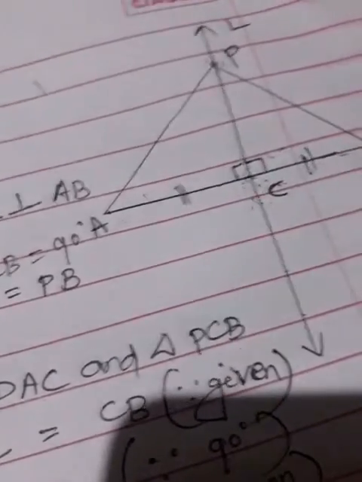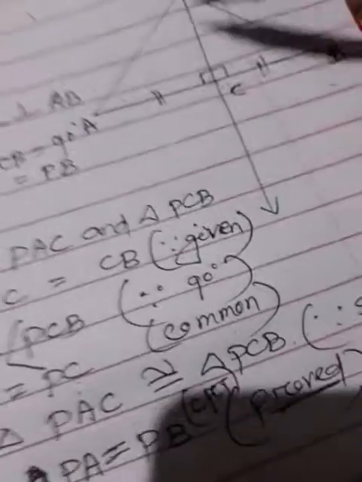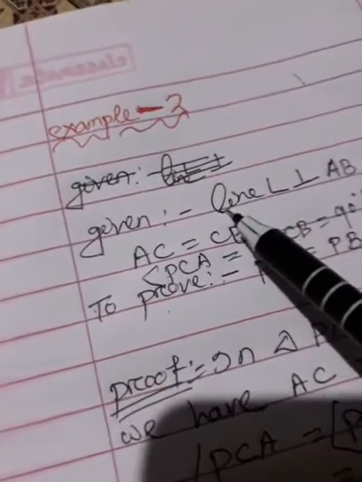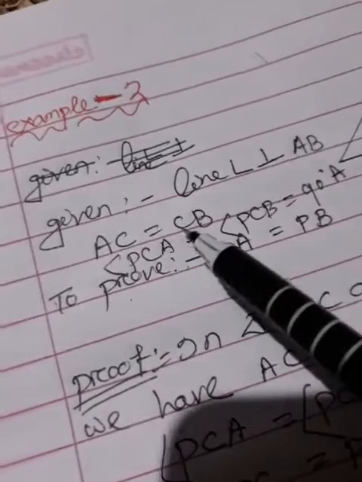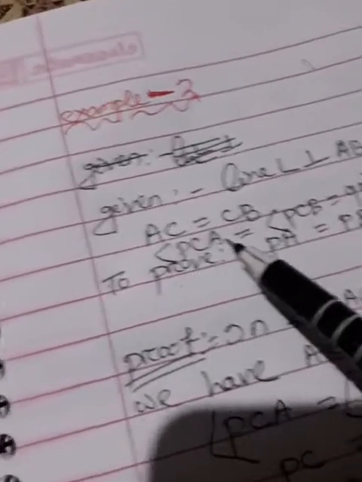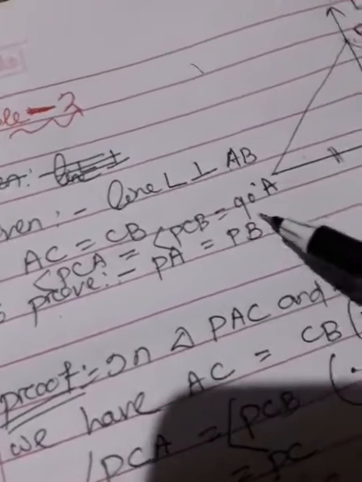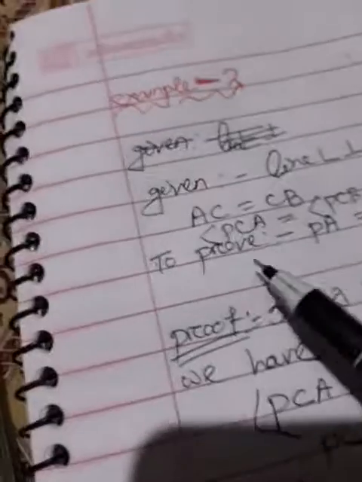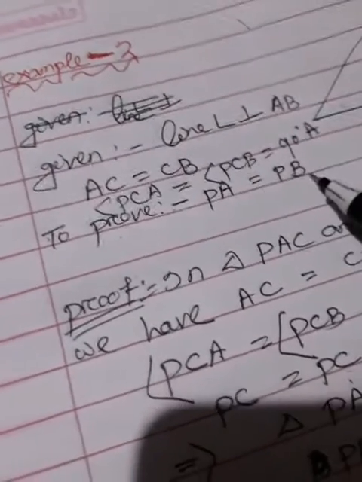So AC is equal to CB and angle PCA is equal to angle PCB is equal to 90 degrees. Given line L is perpendicular to AB, AC is equal to CB. To prove PA is equal to PB.